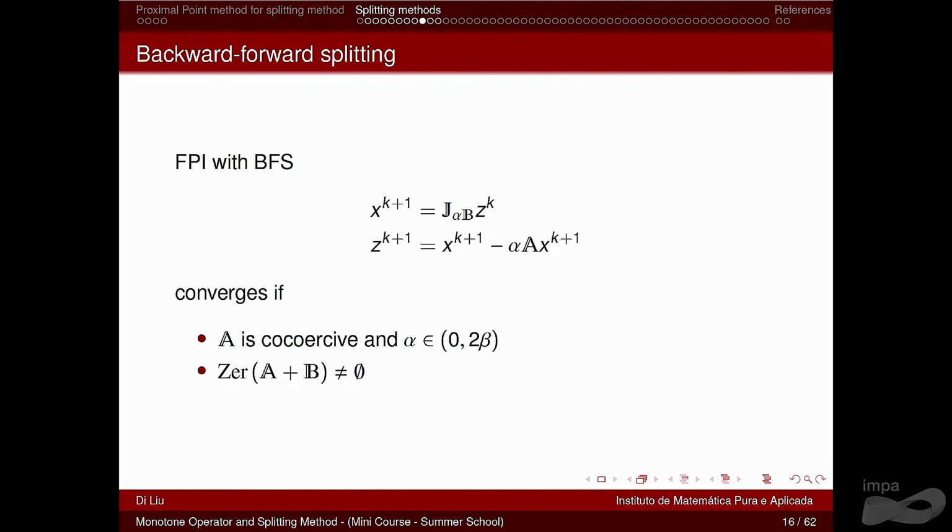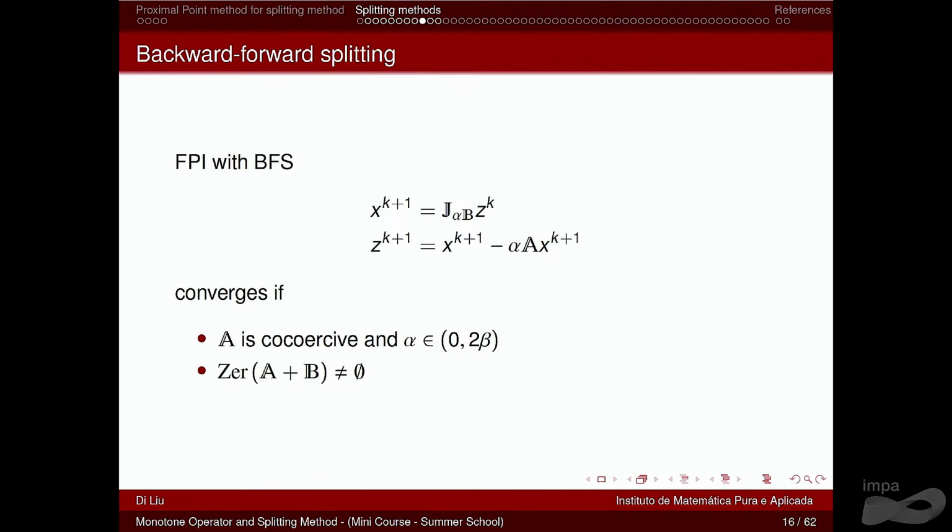And the fixed point iteration of the backward-forward splitting is like this. We represent it in a two-line scheme. The first line is, if we have a point zk, first we calculate the resolvent, then we get xk, and in the second step we take the evaluation of operator A, and together with this xk plus 1 we get the next zk plus 1.